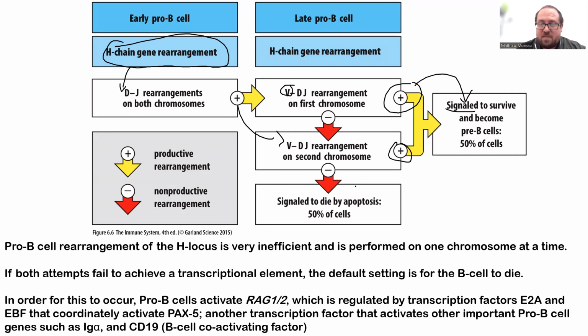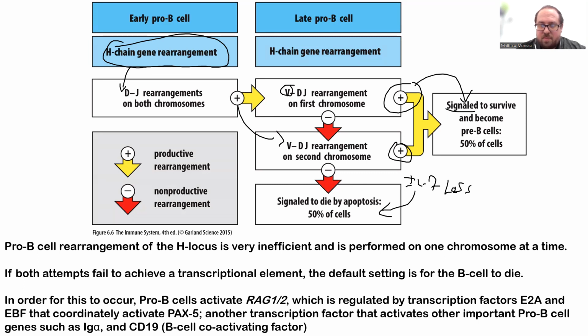If they don't, IL-7 expression is lost, and the end result of losing IL-7 is apoptosis of those cells.